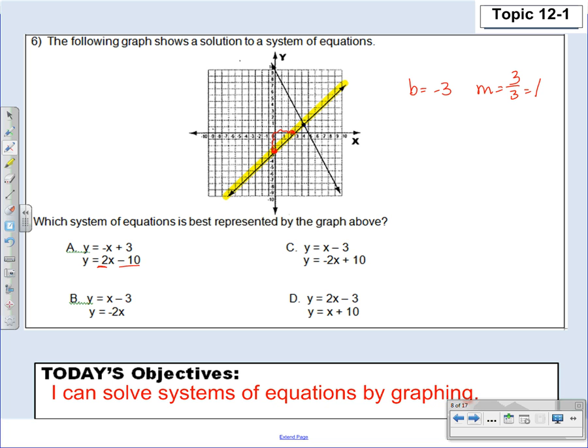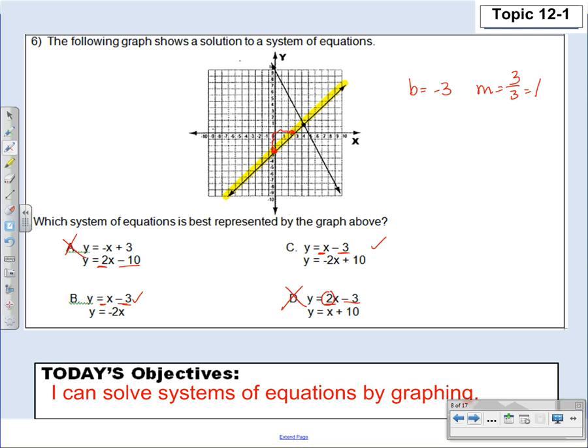So A cannot be it. C is a possibility. B has a positive slope of 1 and a y-intercept of -3, so B is a possibility. And then D, even though it has a positive slope, the slope is 2, so we know that one's out. It matched one part, but not both.